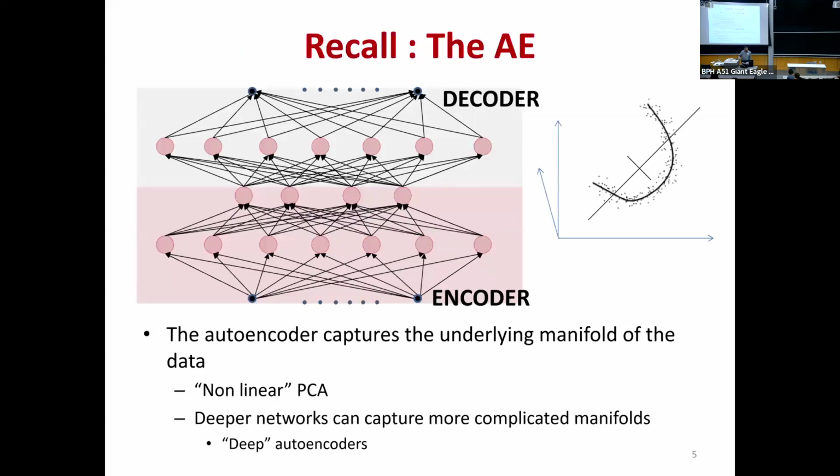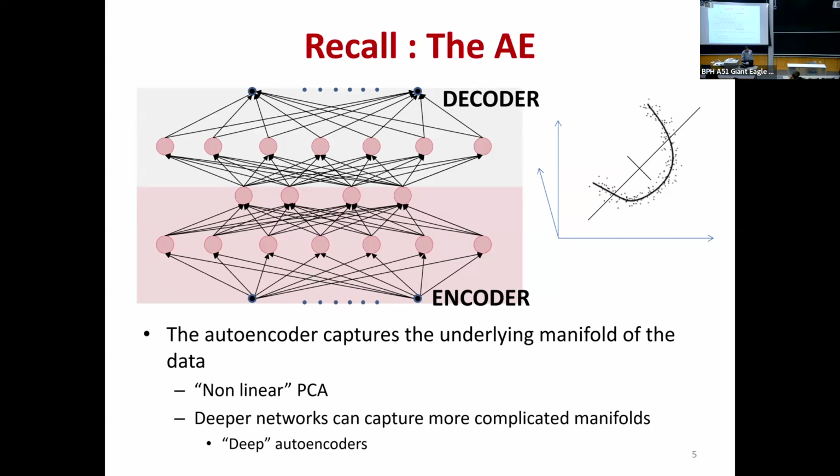So for this, let's go back and remember the autoencoder. We remember that the decoder portion of the autoencoder captured the curved manifold of the data, particularly if the autoencoder had nonlinear activations. And we also saw that deeper and more complex autoencoders are able to capture complex manifolds.